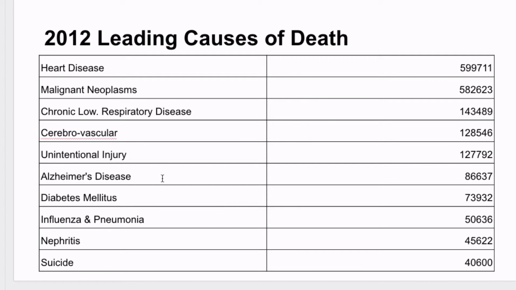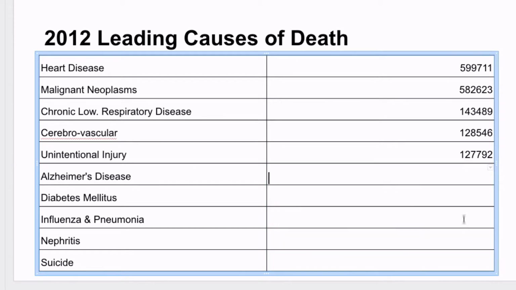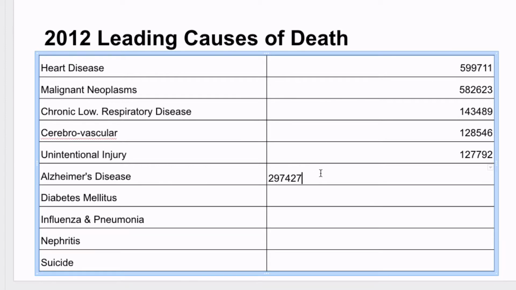So I actually have this number, and I'll pull it up real quick. So this one is below 5%, and the number for the total of this is 2. Deleting it. 297,427. So let's clean that up. Let's move it to the right.